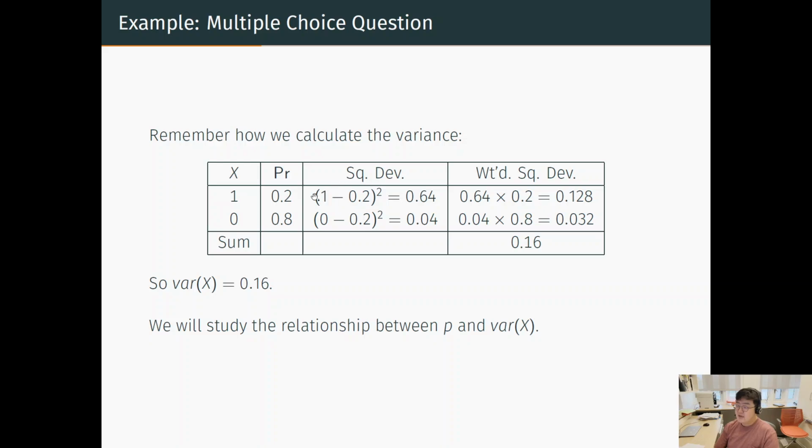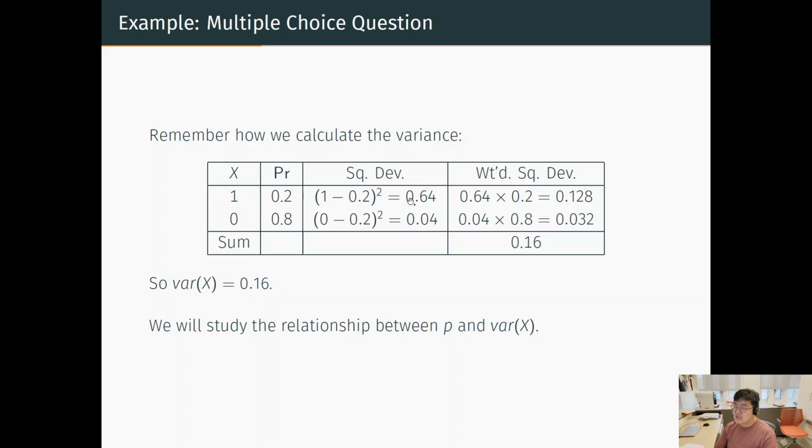And the second step is to calculate the deviation, subtracting the mean from each outcome, 1 or 0. So once this succeeds, the deviation is plus 0.8, and 0 has a deviation of minus 0.2 after subtracting the mean. And then square them, so you get these numbers.